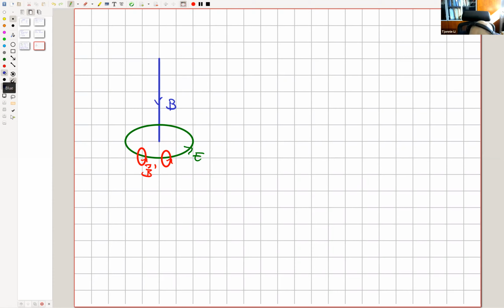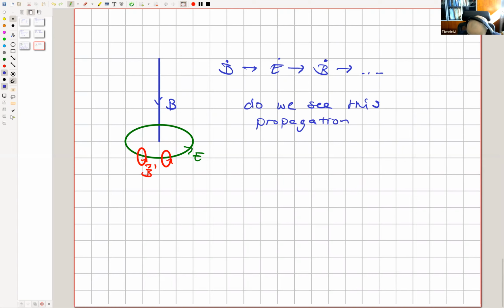So what we want to see is whether, if you have a changing B field, which then leads to a changing E field, which leads to a changing B field, and so on and so on, do we see this propagation of the electromagnetic field?